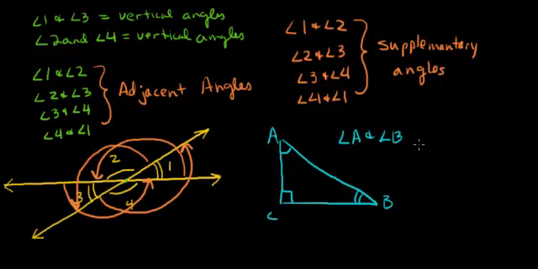We would say that they are complementary angles. Complementary angles means that they are a pair of angles that add up to 90 degrees. The reason we know that is we know this is a right angle, so that's got to be 90 degrees there. And since the interior angles of a triangle are 180, these other two angles have to add up to 90.